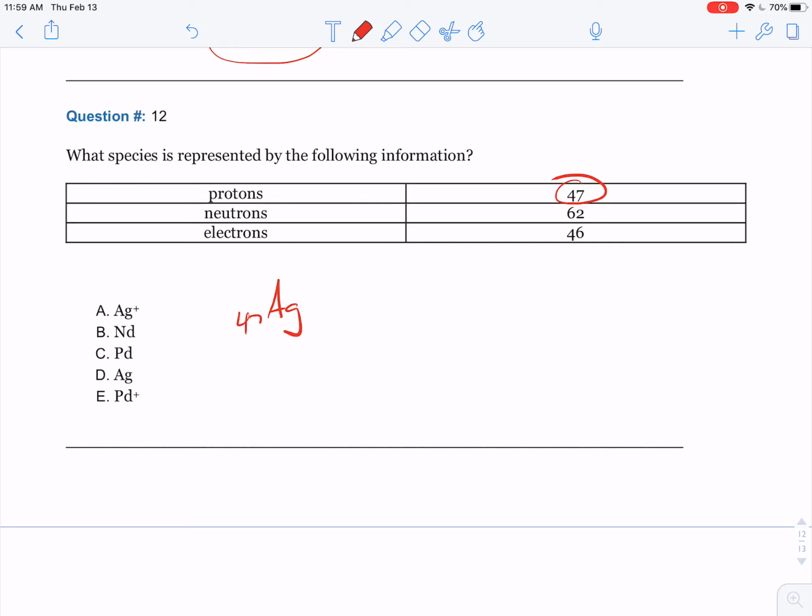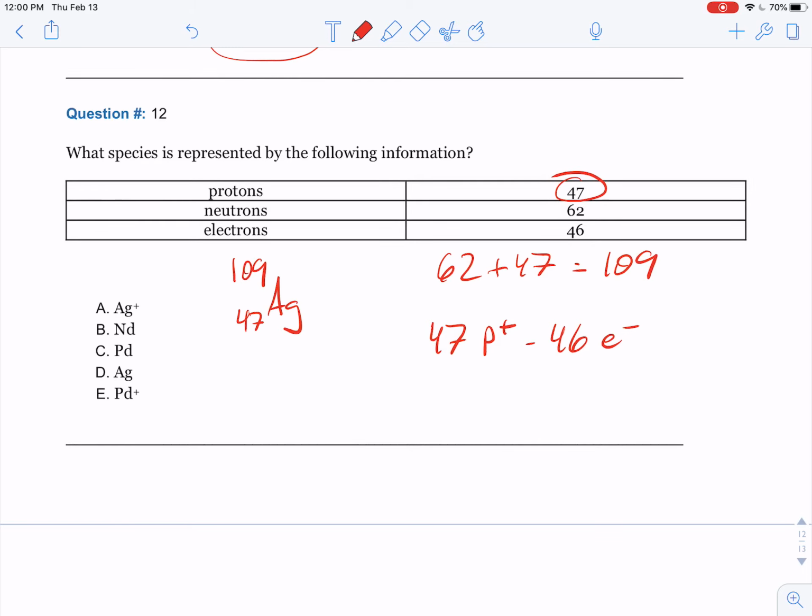So silver, the 47 would be here. Neutrons, 62 plus 47 gives the mass number, that's what will be here. However, that doesn't really matter. The point is that you have 47 protons and 46 electrons, so you have one excess positive charge, so this is actually silver plus.